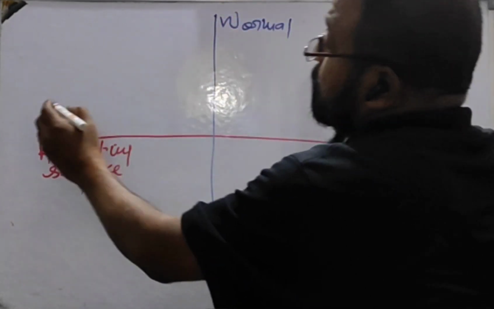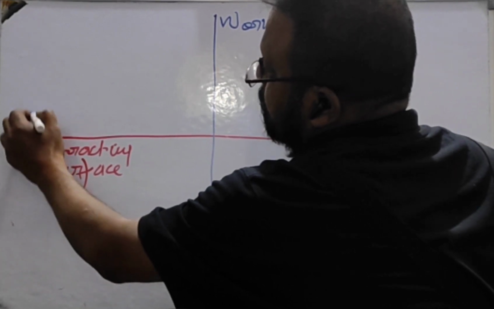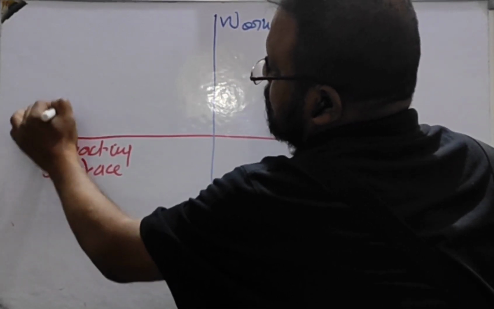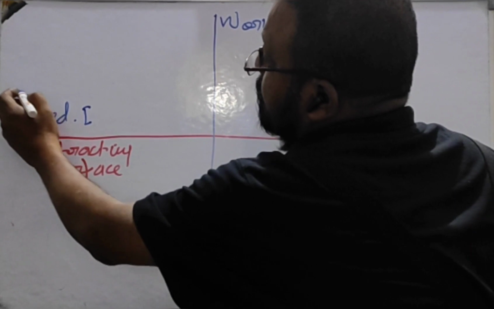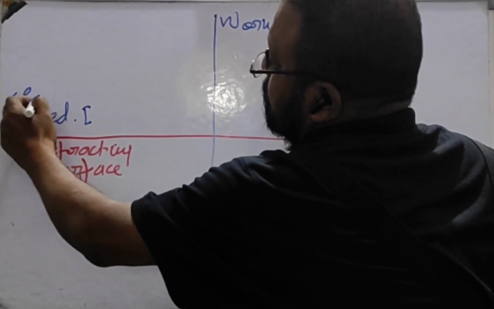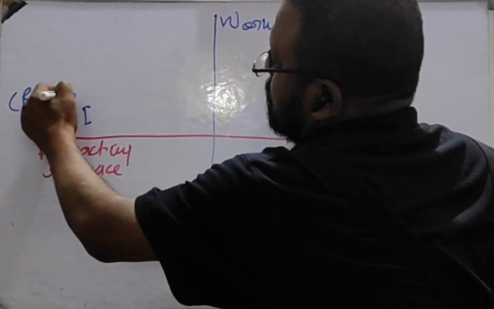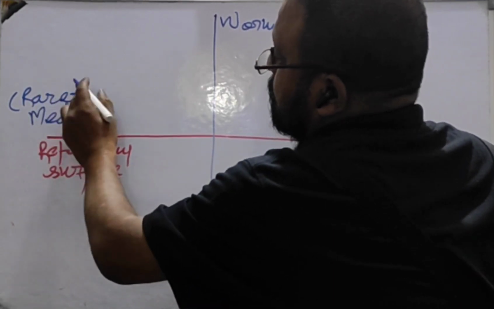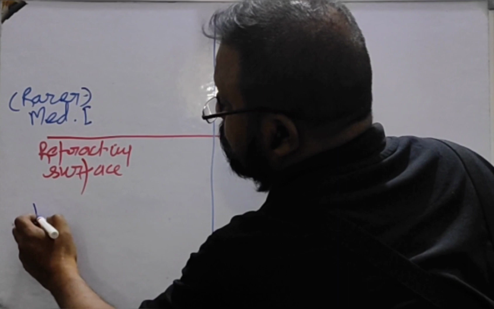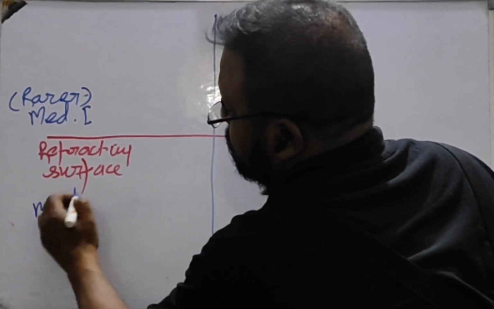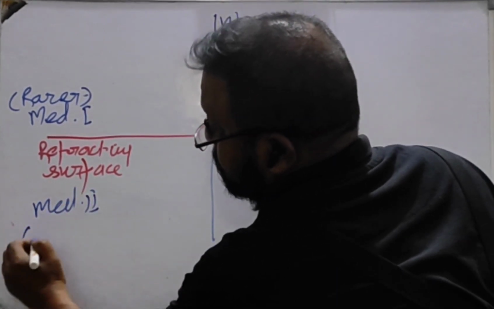This is medium one, which we can say is the rarer medium, and this is medium two, which we call the denser medium.